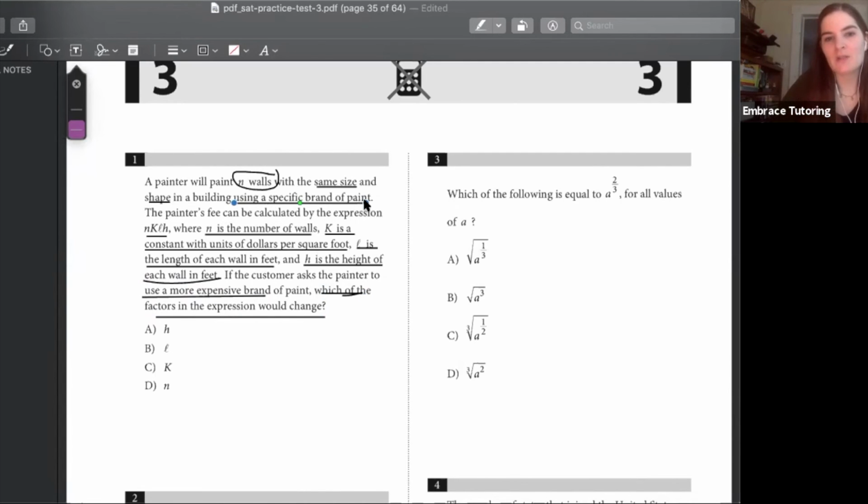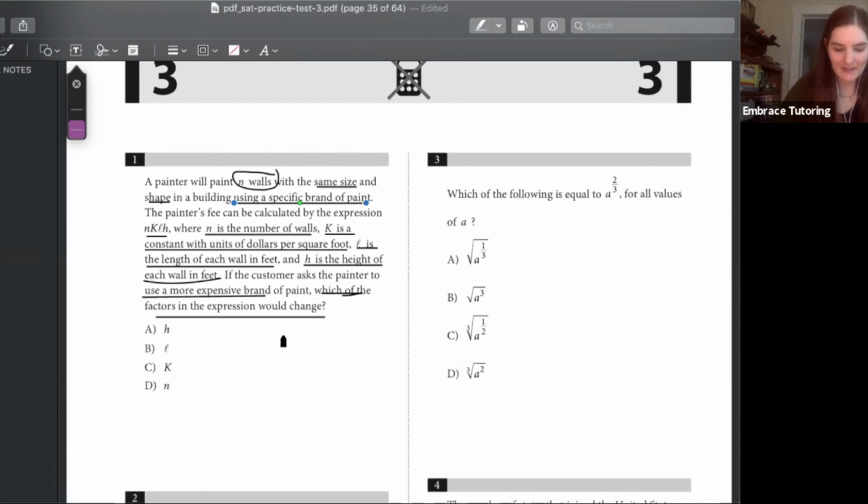Initially, if we just started reading through this, using a specific brand of paint might not seem like an important detail, but by the time we get to the bottom here, it is, because they're asking us to consider which one of these might be a factor in terms of what we're trying to solve for.